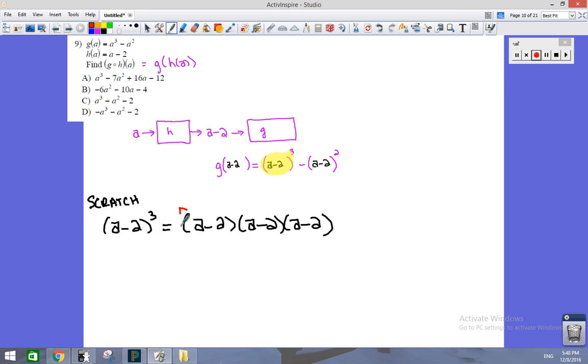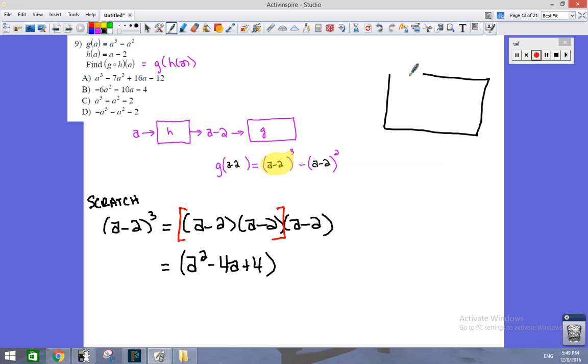So the first thing I'm going to do is multiply these two binomials together. And for most of us, we can just look at that and say it's a squared minus 4a plus 4. Now, if you can't just look at it and do it, well, then come over somewhere and create a table that has a minus 2 and a minus 2.